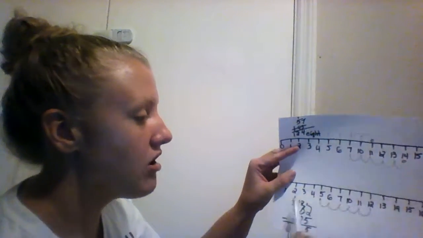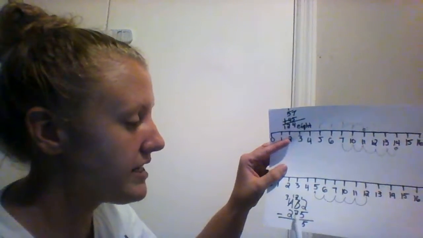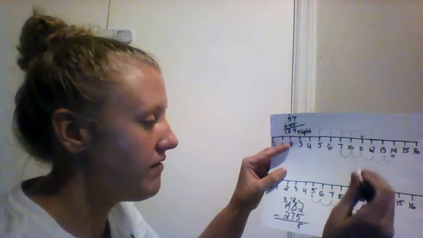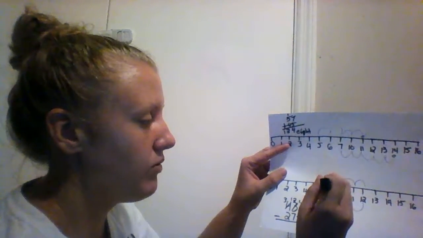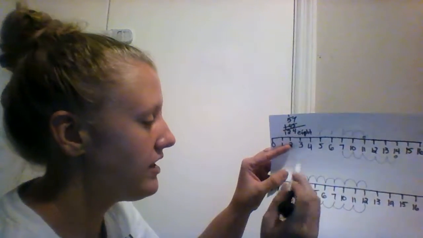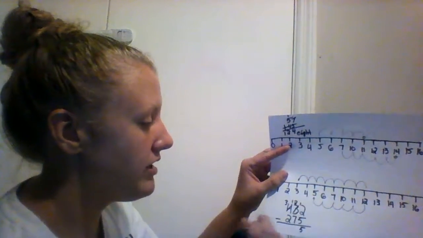So again, we start off at the 12, and this time we're subtracting 7 instead of 5. So we go back: 1, 2, 3, 4, 5, 6, 7. And this time we end up at 3.